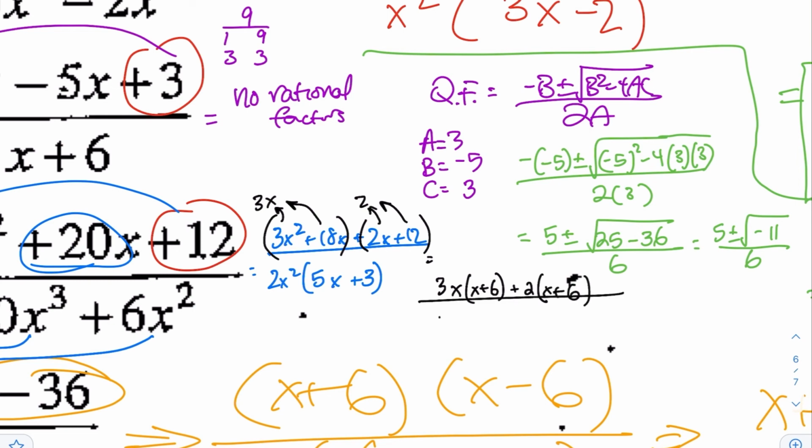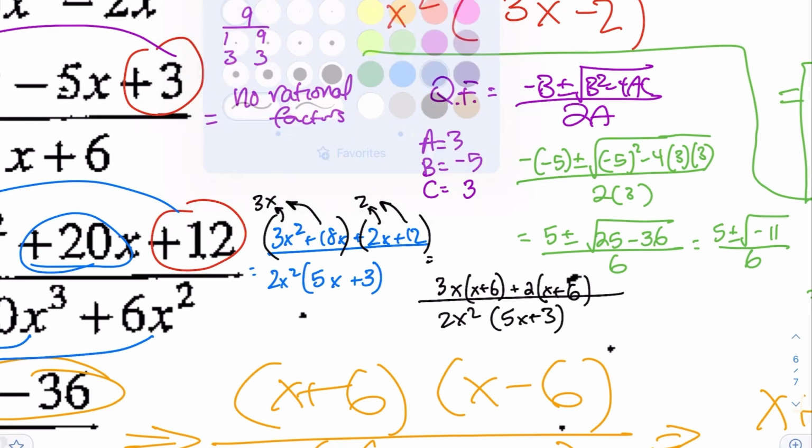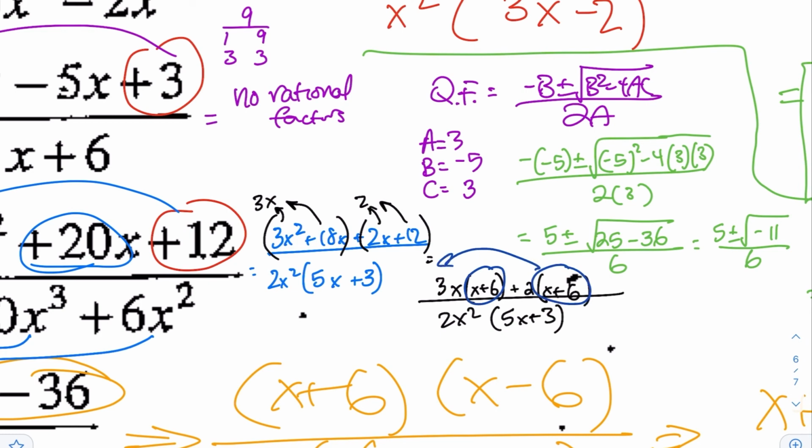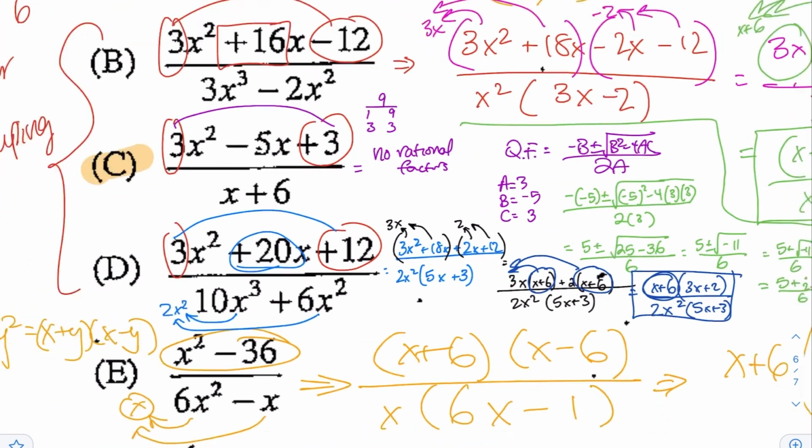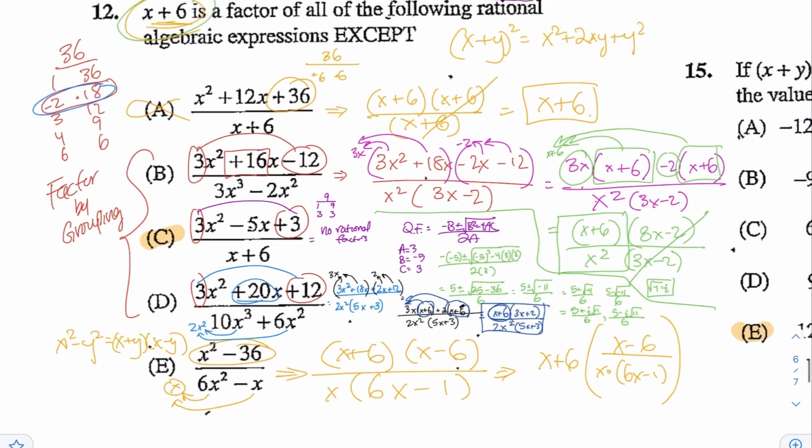And this is all over 2x squared times 5x plus 3. And now you can take out this x plus 6. So you have x plus 6 times 3x plus 2, divided by 2x squared times 5x plus 3. Again, the denominator doesn't really matter, but because we see the x plus 6 in the numerator, you know that this is factorable by x plus 6.